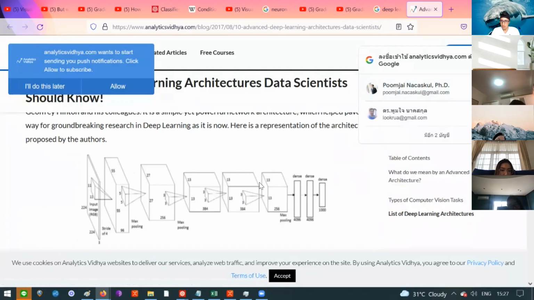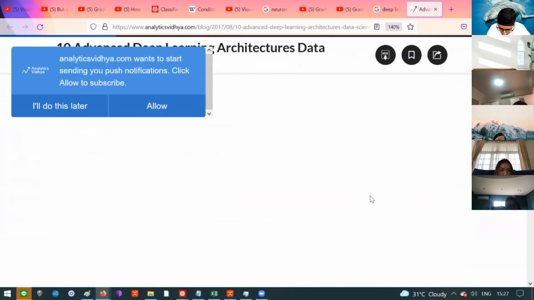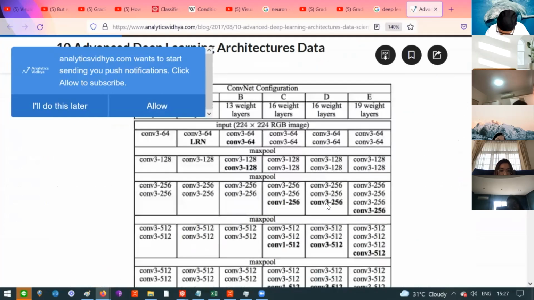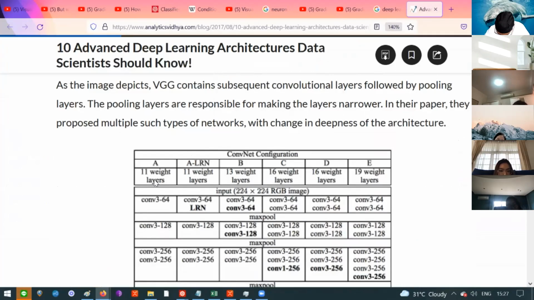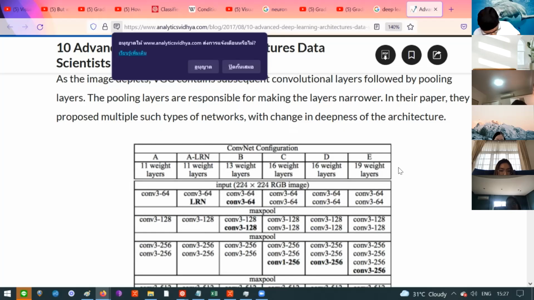Now, this looks like nothing, but this is the notation, guys. This is actually one layer. 11 weight layers, 13 weight layers. So altogether, this architecture has 11 plus 11 plus 13 plus, nearly 100 layers.